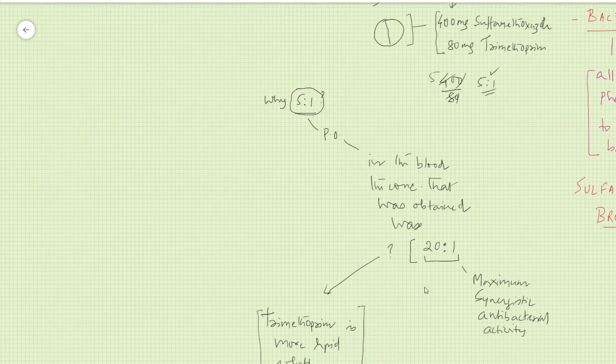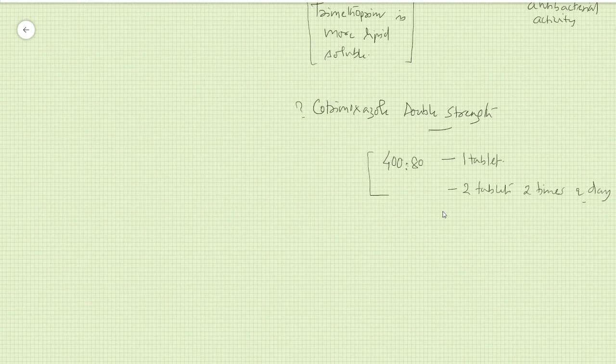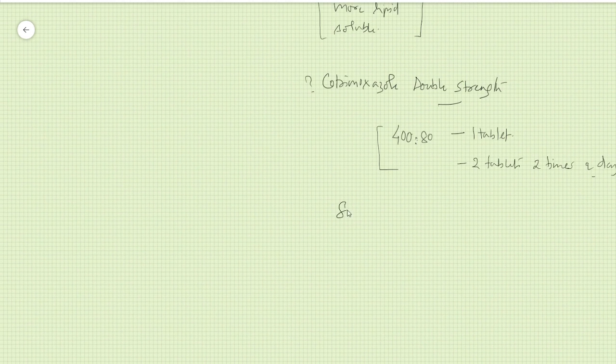So we said, what is the dose? 400:80 is the dose in one tablet, and the regimen is 2 tablets 2 times a day. Okay, so the idea is, why can't one administer 800:160?